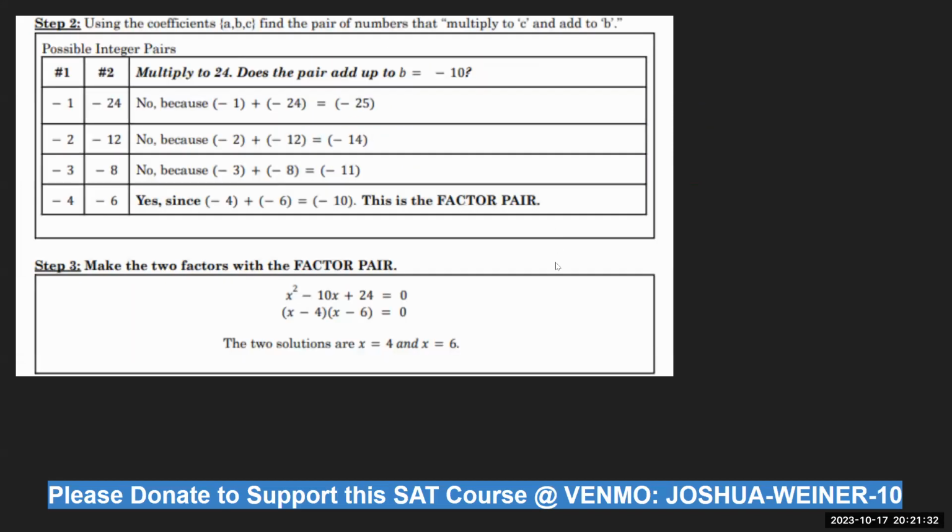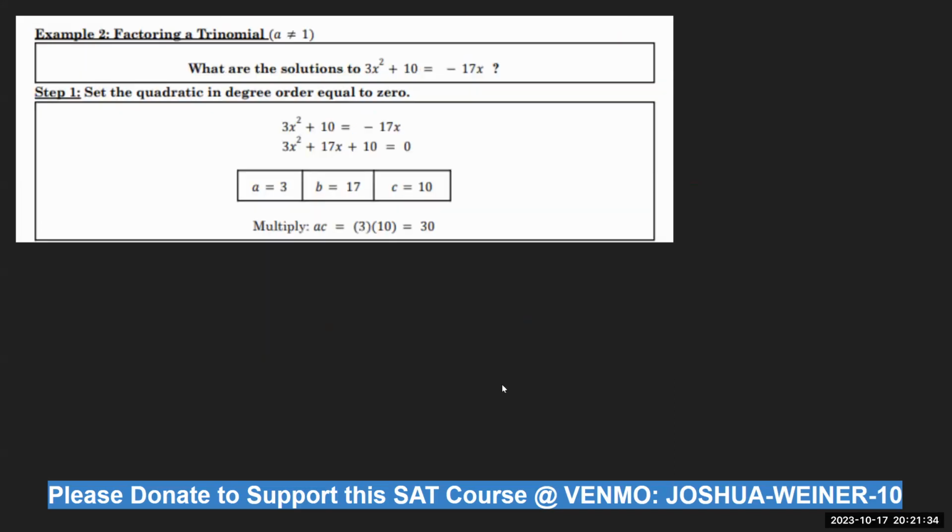For example, number 2, here we have a trinomial as well, but the squared term is not equal to 1. So for example, number 2, what are the solutions to 3x squared plus 10 equals -17x? Again, for the first step, we're going to set it up into a trinomial in standard form equal to 0.